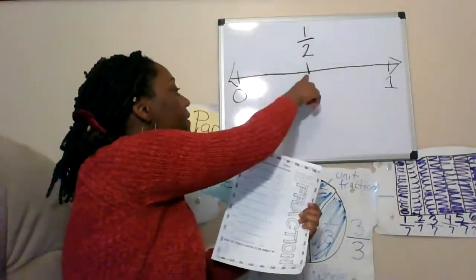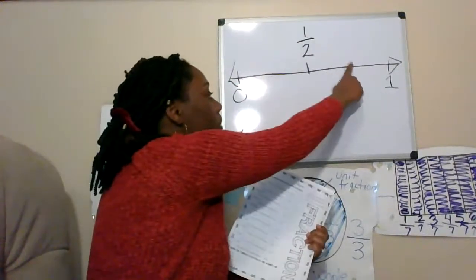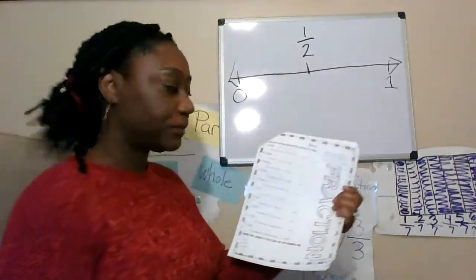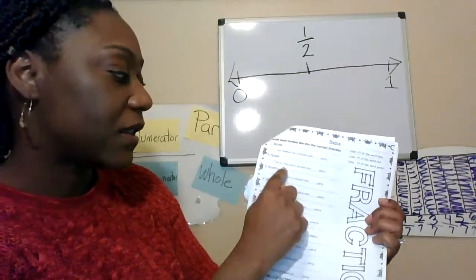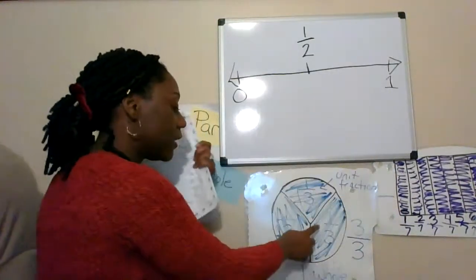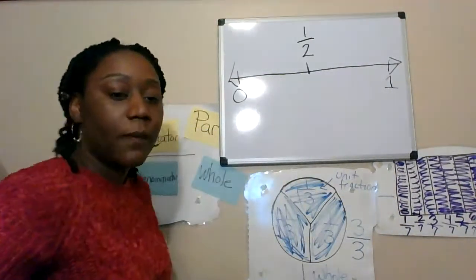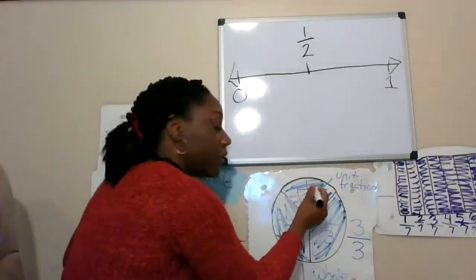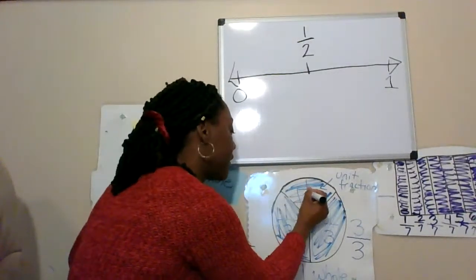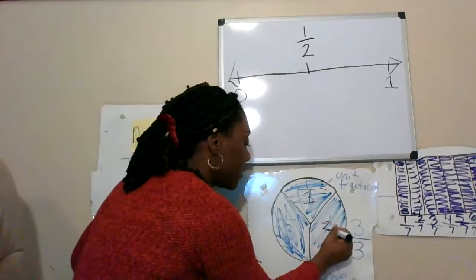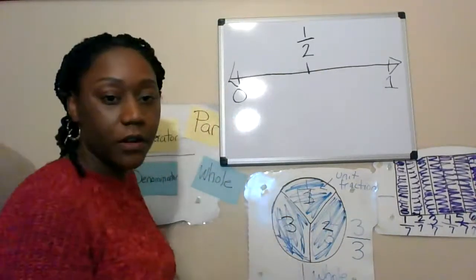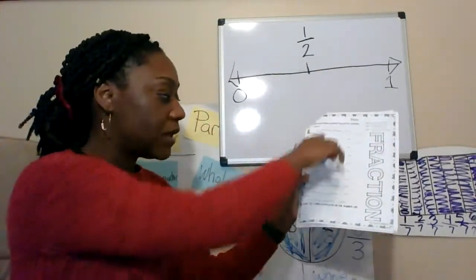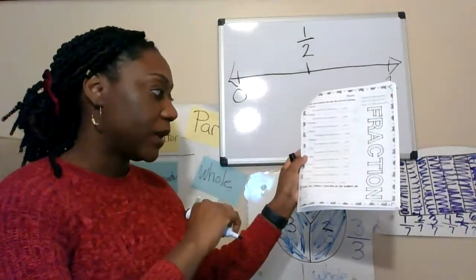So halves would be 1, 2 parts. Thirds, this number is divided into, thirds would be how many parts? You do good. I'm glad you have it in front of you. 1, 2, 3 parts for thirds. And so forth and so on up there.